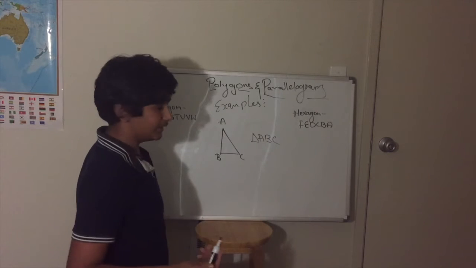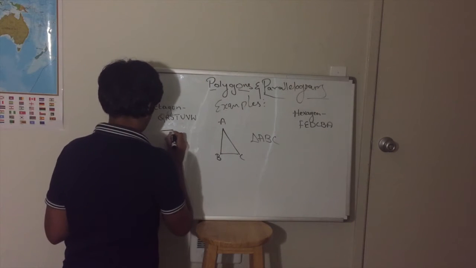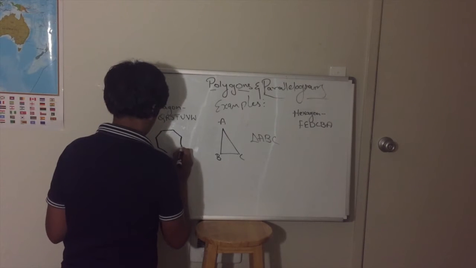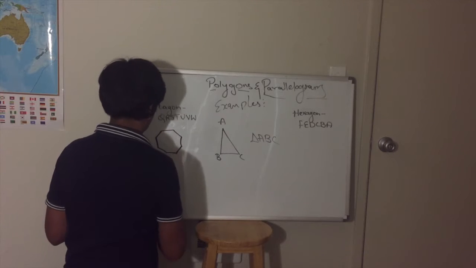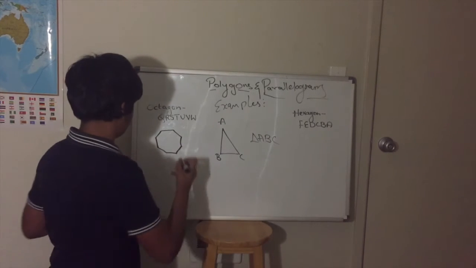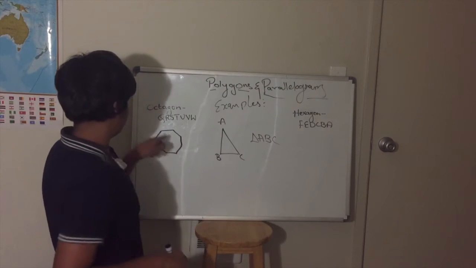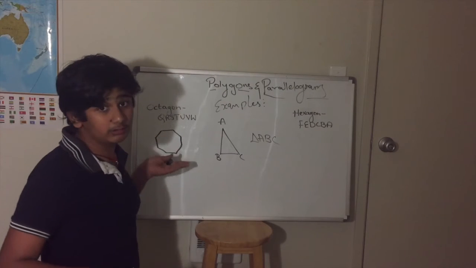So octagon means 8. So this is an octagon. It's not in an accurate position, but that's how an octagon looks.